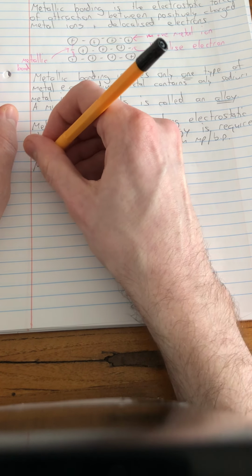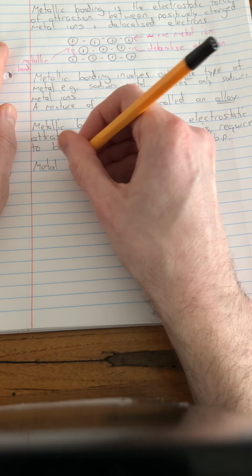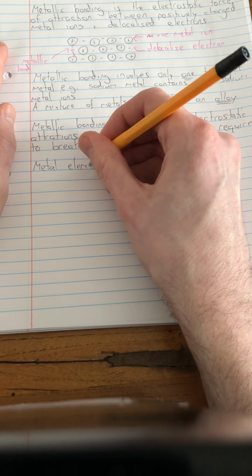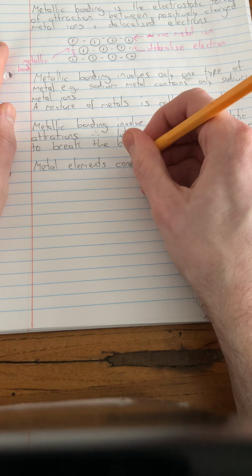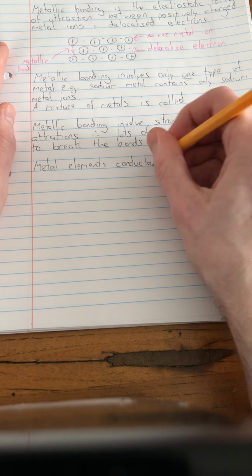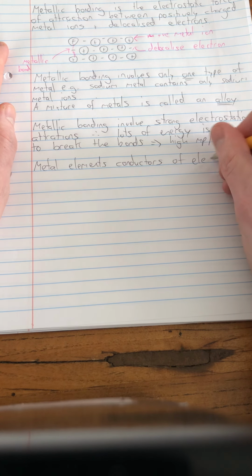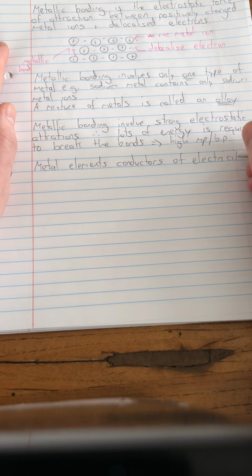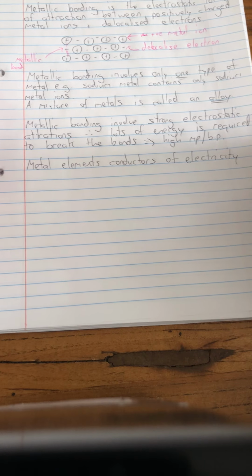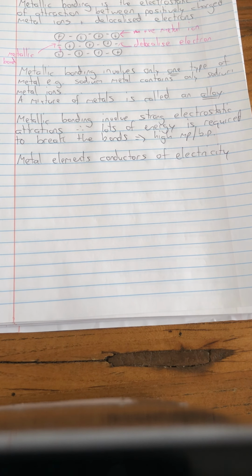And the next property you need to know about metals is that metal elements are conductors. Again, this is something you've known since probably first year. They are conductors of electricity. But why are they conductors of electricity? It's all to do with those delocalized electrons in that sea of electrons.